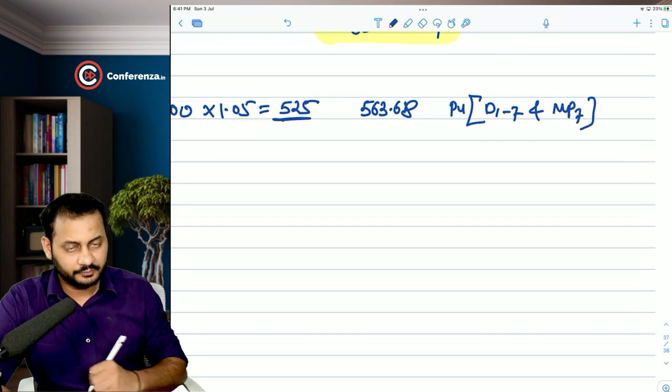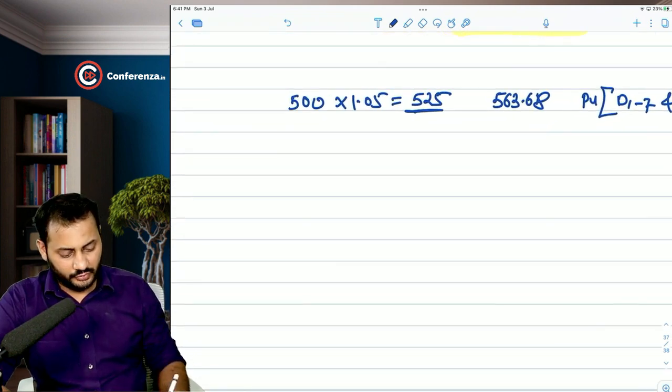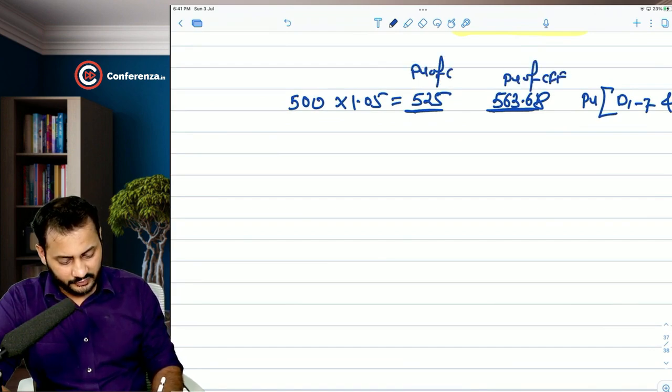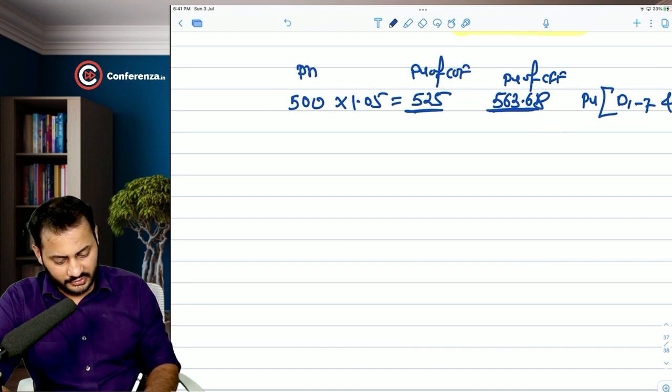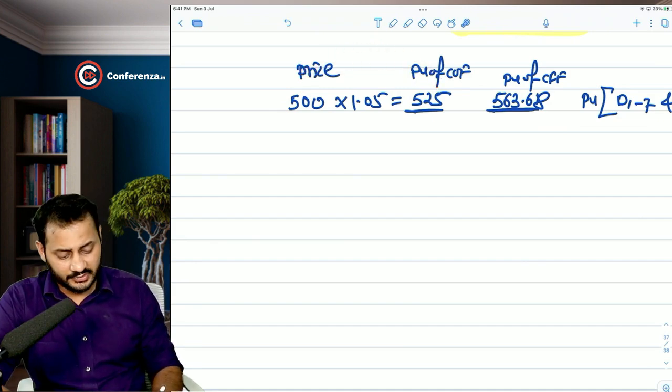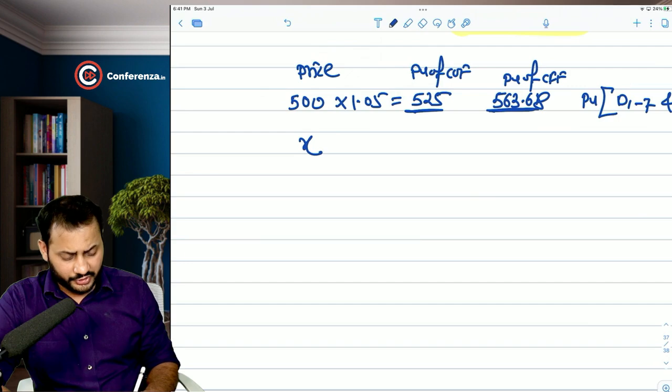So this is your present value of cash inflow, and this is your present value of cash outflow, and this is your price. The question is not asking you about the outflow, they are asking you about the price. Understand, what should be the price?